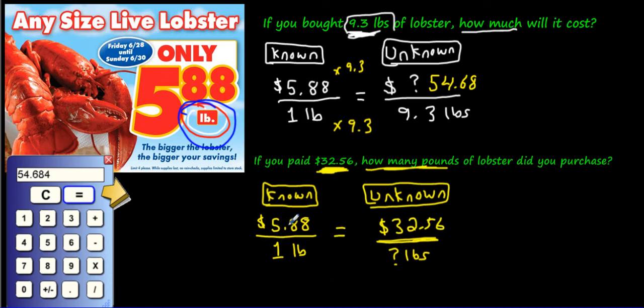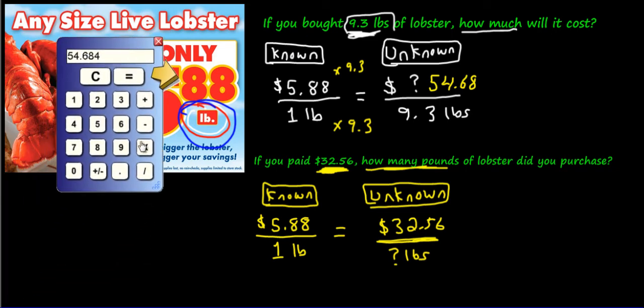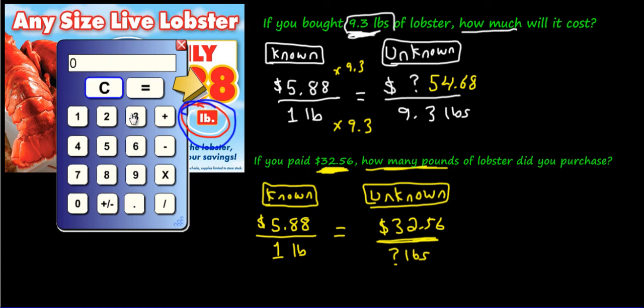Now, how do we do this? Let's look at the top numbers. We went from 5.88 to 32.56. What did we multiply by? I don't know, and I don't want to think about it. I'm going to use the shortcut, which is called cross multiply and divide. I know math teachers, a lot of them hate teaching it, but it does work, and use it whenever you want to use it. Find the two diagonal numbers and multiply them. We know that's going to make 32.56. Then you take that answer and divide it by the leftover number, which is that one.